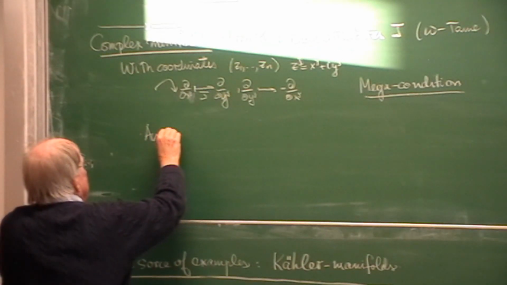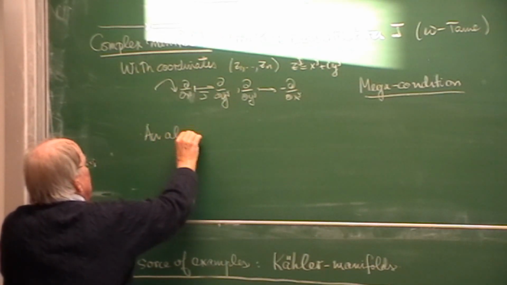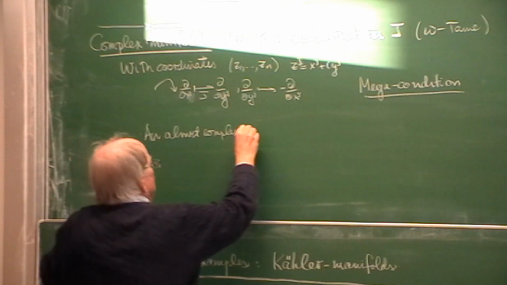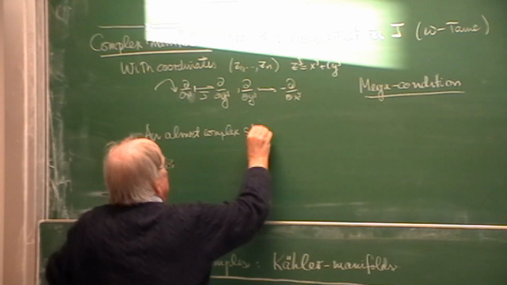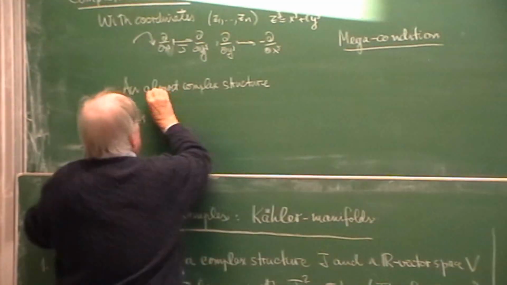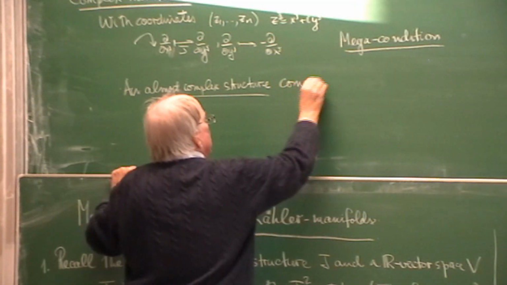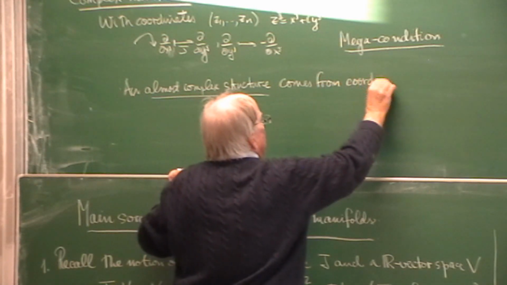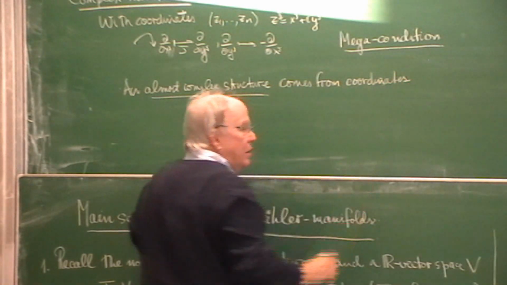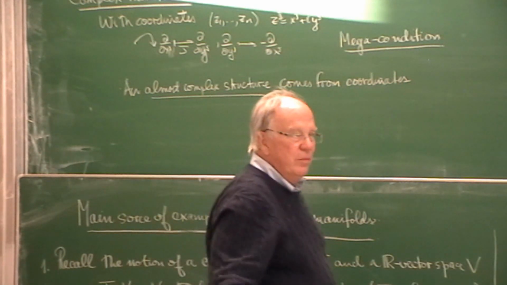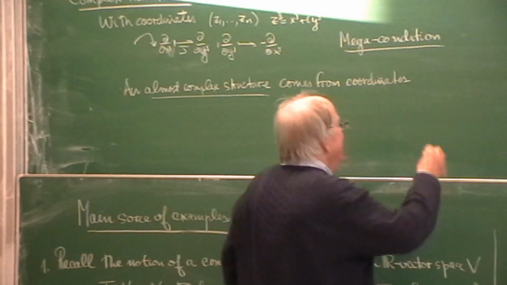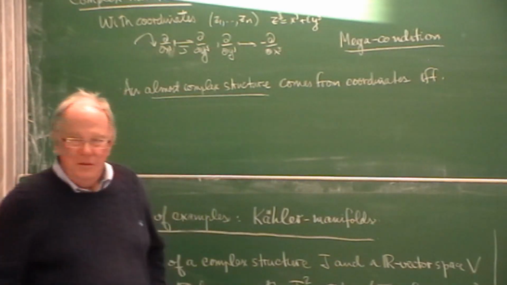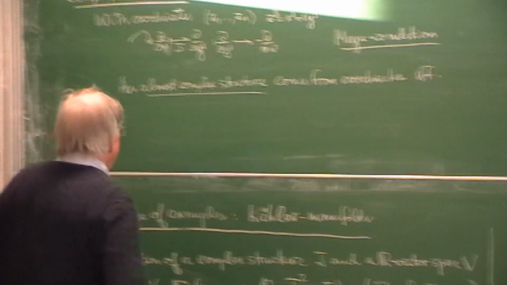An almost complex structure J comes from coordinates, you're going to hate me, you hate me anyway, so you can just hate me even more, if and only if a certain tensor vanishes, it's called the Nijenhuis tensor.